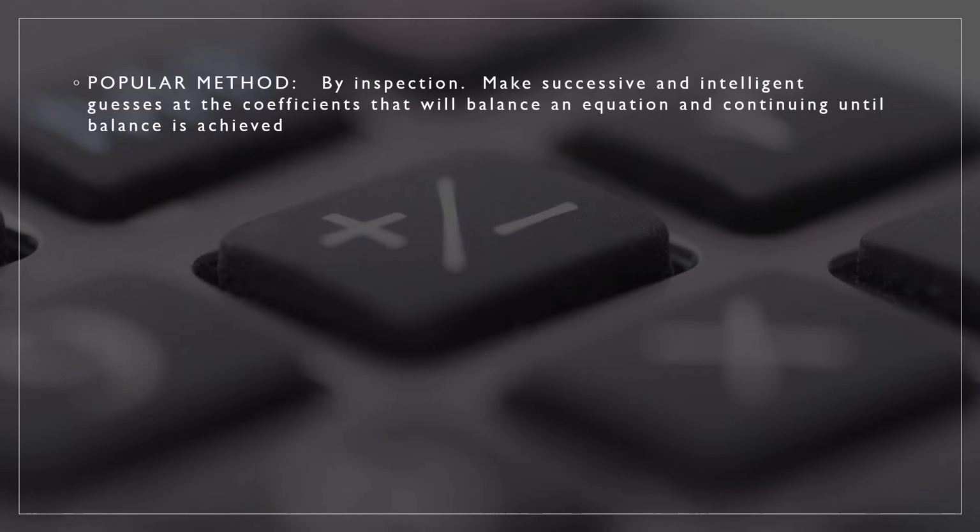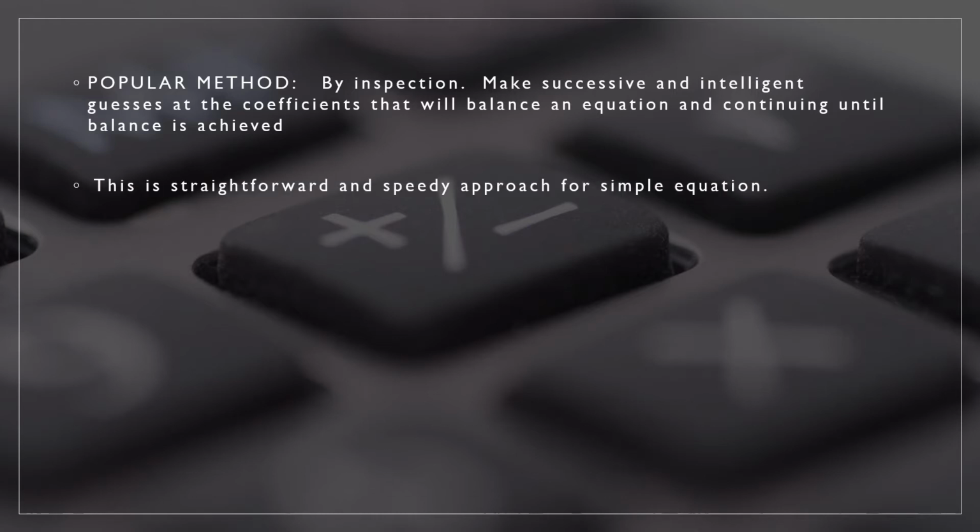The popular method of balancing an equation is by inspection. You make successive and intelligent guesses for the coefficients which will balance an equation and continue guessing until the balance is achieved. That is the usual procedure we use in chemistry.